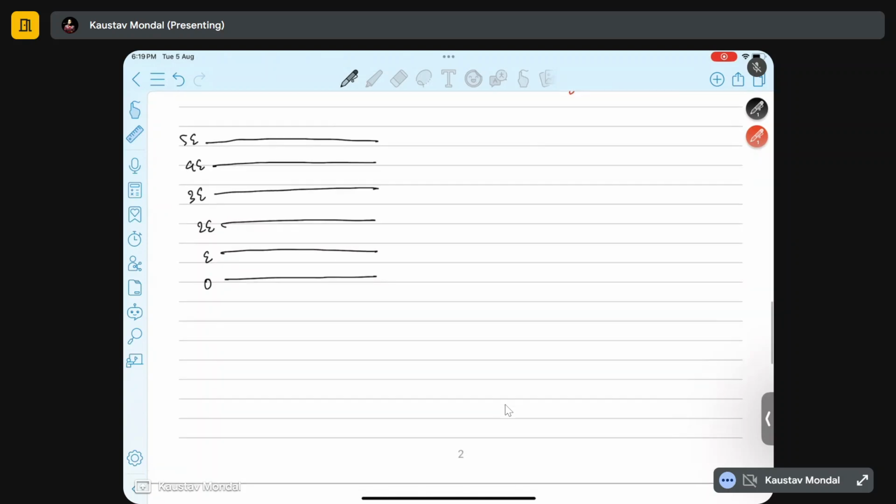Now the partition function of this energy ladder is the summation of gj e to the power minus beta Ej. This would be simply 1 plus e to the power minus beta E plus e to the power minus 2 beta E plus e to the power minus 3 beta E, and likewise.